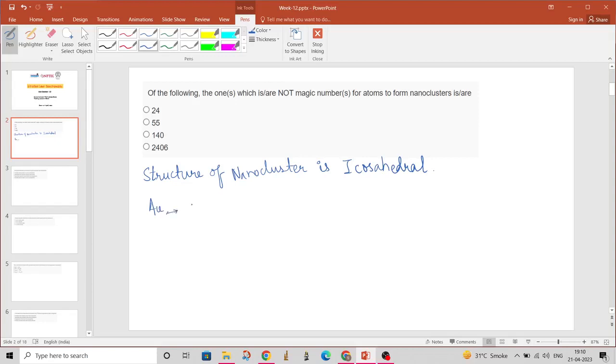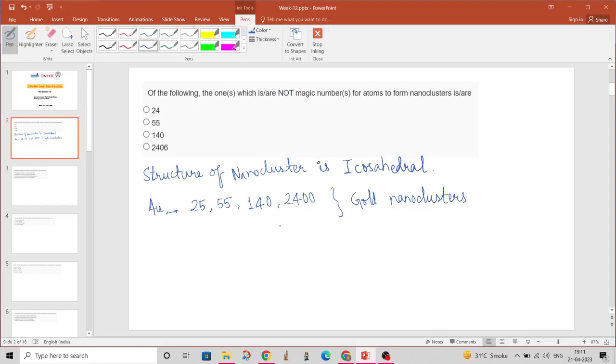So we have seen that gold nanoclusters are Au nanoclusters. They are 25, 55, 140, 2400. So these are the numbers which form gold nanoclusters.